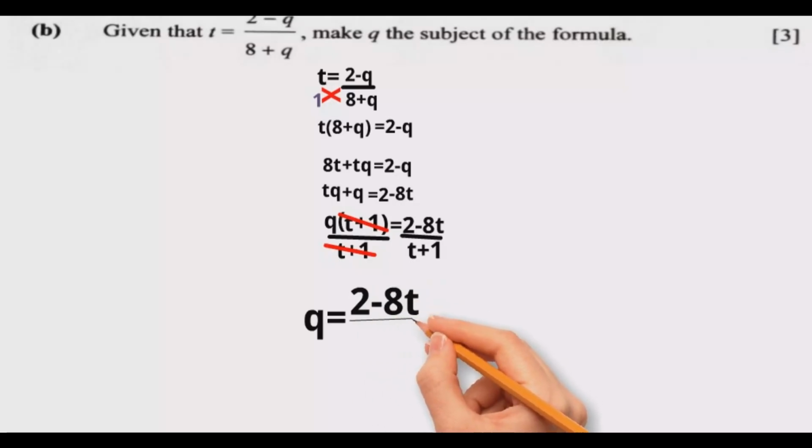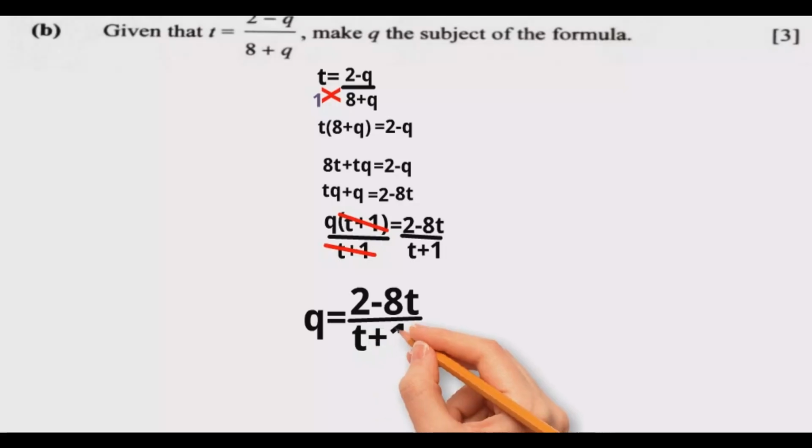Then we write q is equal to 2 minus 8t over t plus 1, and that will be the answer.